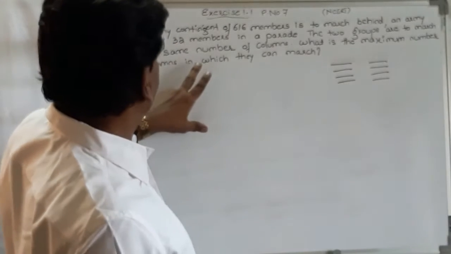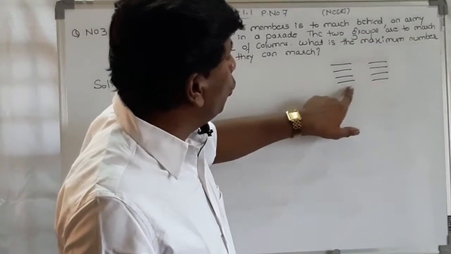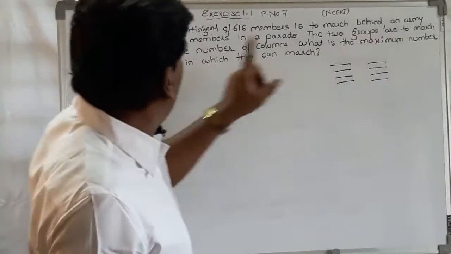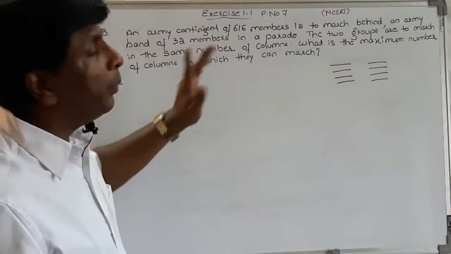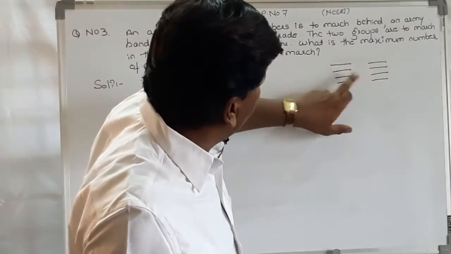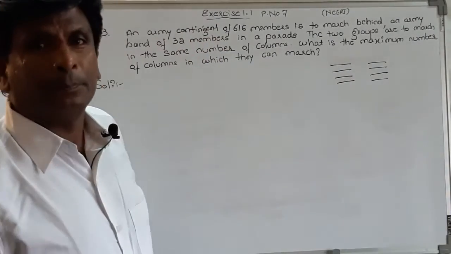And the condition is that the two groups, the band and the military group, are to march in the same number of columns. The number of columns should be equal for both groups.